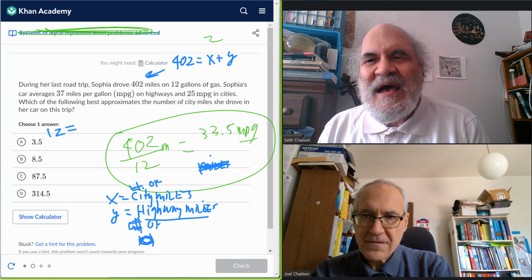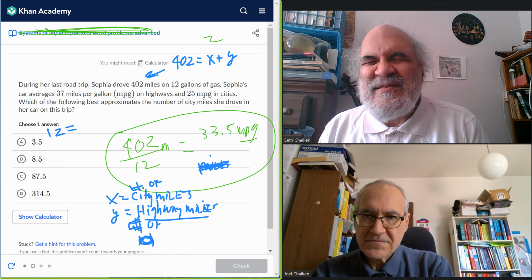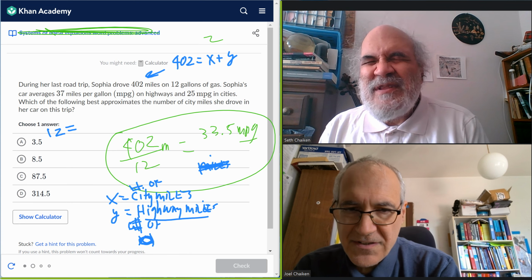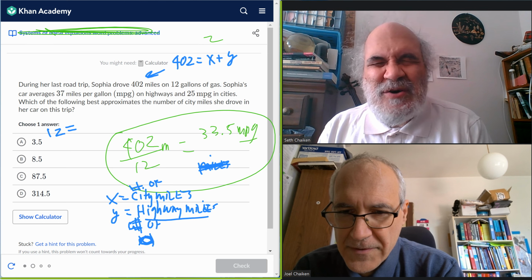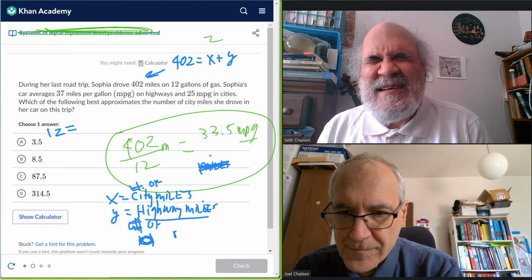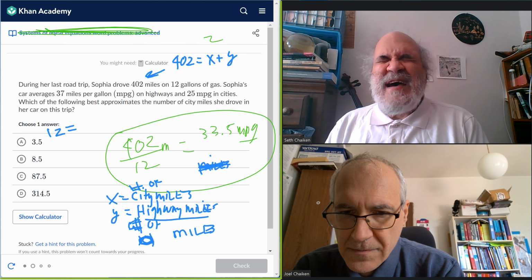Now, could you express the number of gallons used in the city in terms of the number of miles driven in the city? Of course there is a relationship, because we're told the ratio of miles per gallon in the city. So translate all that into algebra.